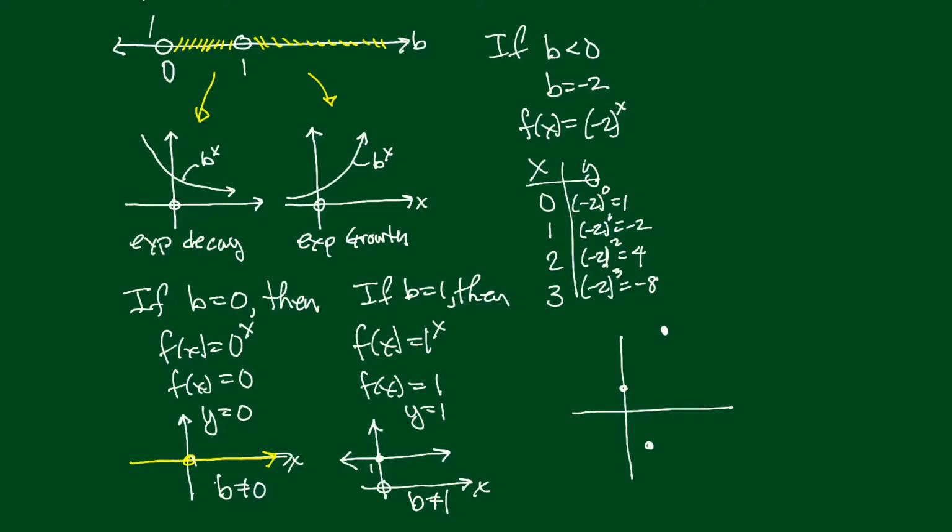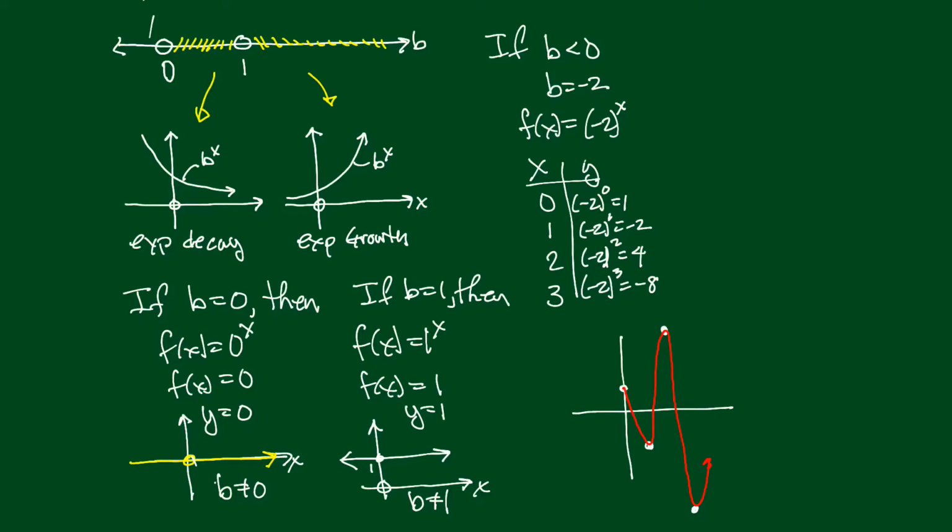So if I go out 1, 2, 3, I'm down at -8, way down there now. Now it looks like the curve's going to look like this. Now, it doesn't look like this, so I'm going to erase this after I draw it. But doesn't it look to you like it's going like this, just alternating back and forth? It looks like that.